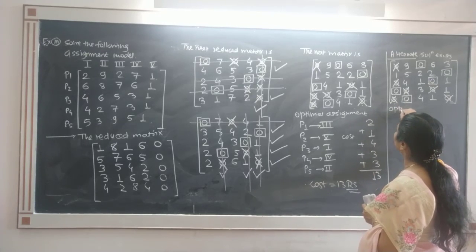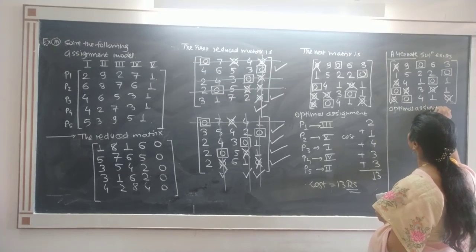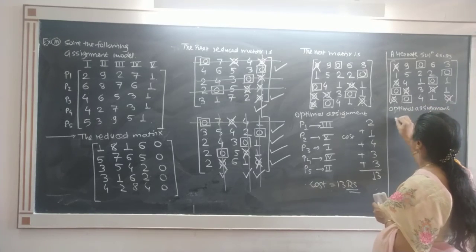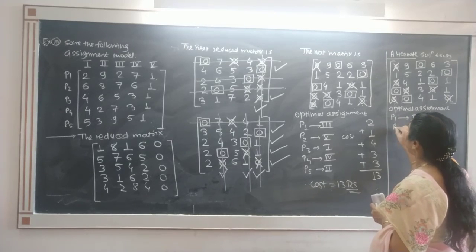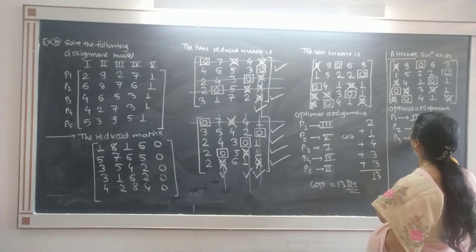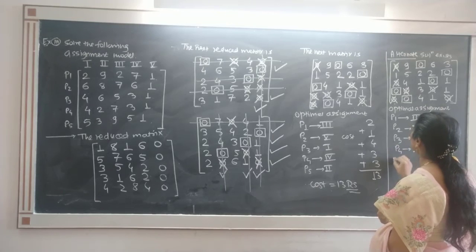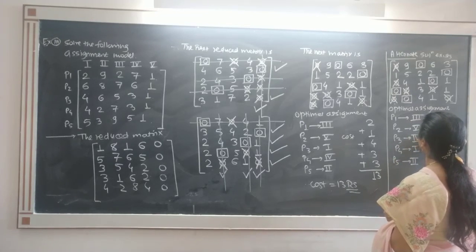So what is the optimal assignment here? P1 is assigned to 3, P2 is assigned to 5th, P3 is assigned to 4th, P4 is assigned to 1st, and P5 is assigned to 2nd. And what is the cost?